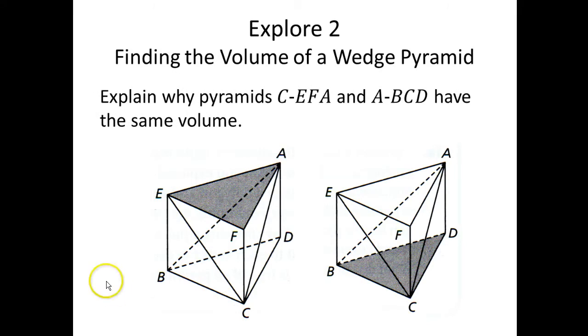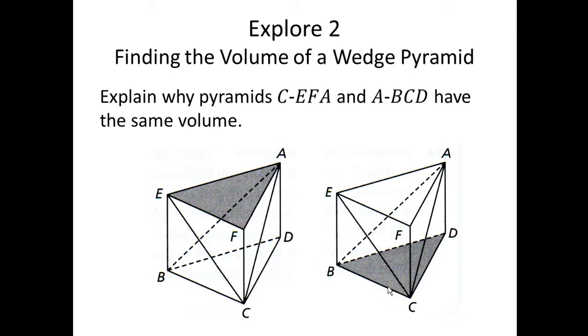So let's take a look at the pyramid CEFA. I'm talking about this pyramid here with the vertex C and the base EFA. Here's the base of that pyramid and here's the vertex. And let's look at the original wedge pyramid and compare their volumes. Well, we constructed this triangular prism so that triangle EFA would be congruent to triangle BCD.